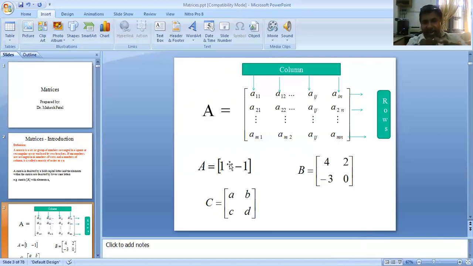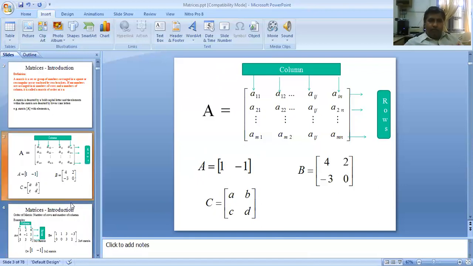Two numbers are arranged horizontally, or in a sleeping manner. In matrix B, there are four numbers arranged in rows and columns, which results in two rows and two columns. In the same way, in matrix C, you can see that the numbers A, B, C, D are arranged in two rows and two columns.